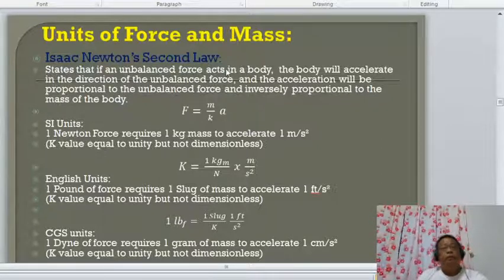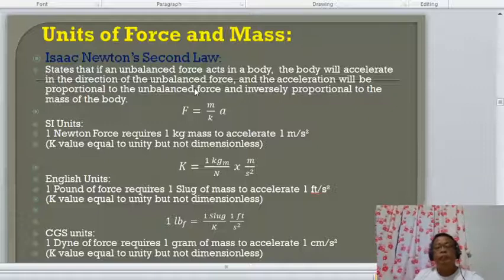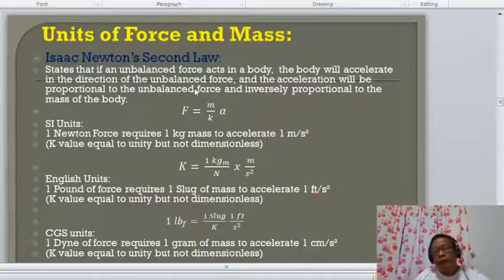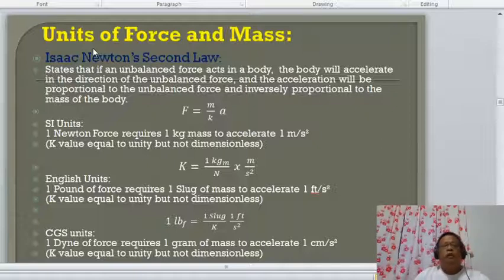Although this topic here is very simple in SI units, so we have no problem for the SI. But take note that in our country, we are using different standards.